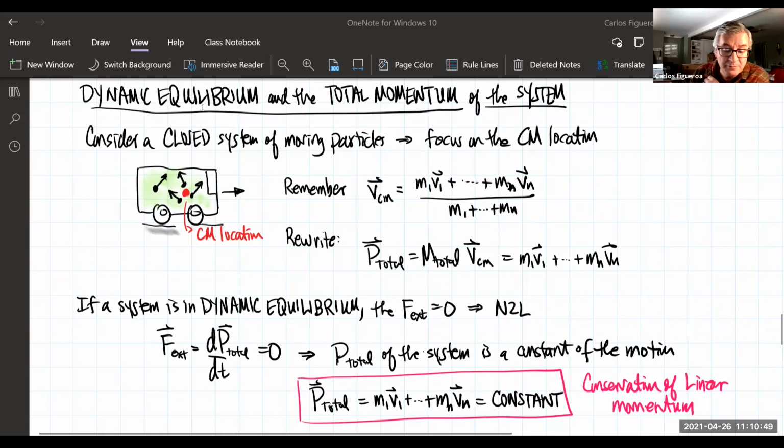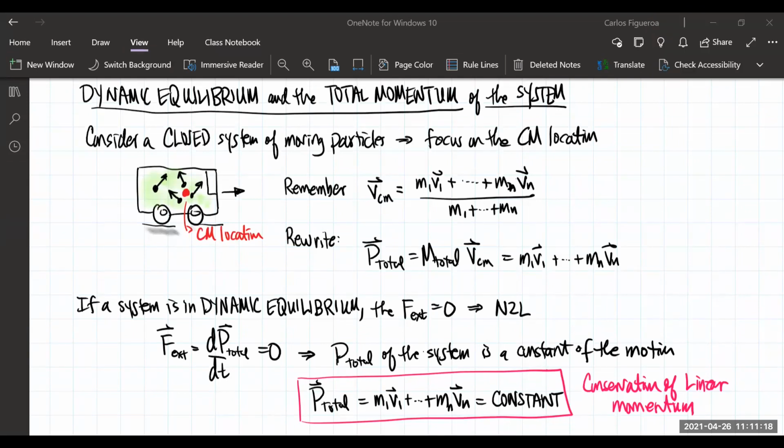And dynamic equilibrium for a system has a parameter called the total momentum of the system. We started looking at a closed system that had moving particles. I said, imagine that we have a bunch of kids in a van going through various collisions, and we can define the center of mass motion. Since all of these collisions are internal to the system, they don't affect the velocity of the center of mass.